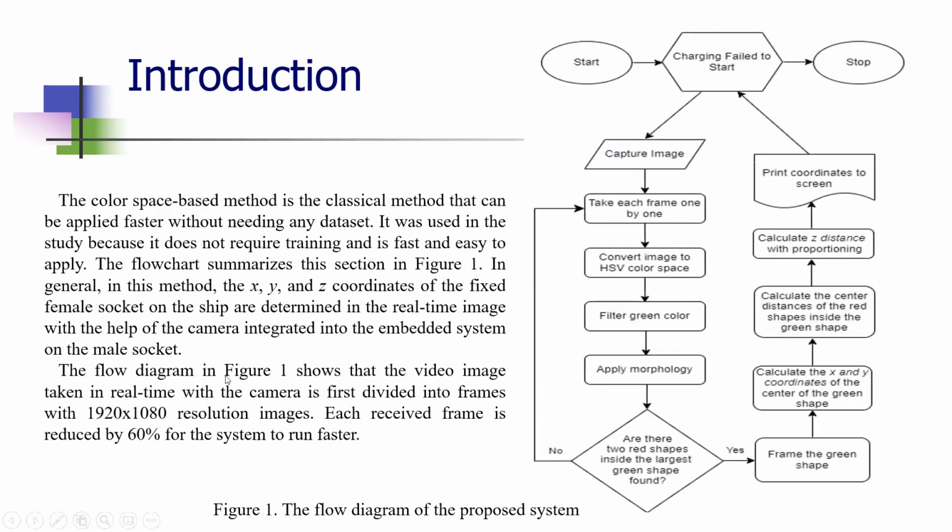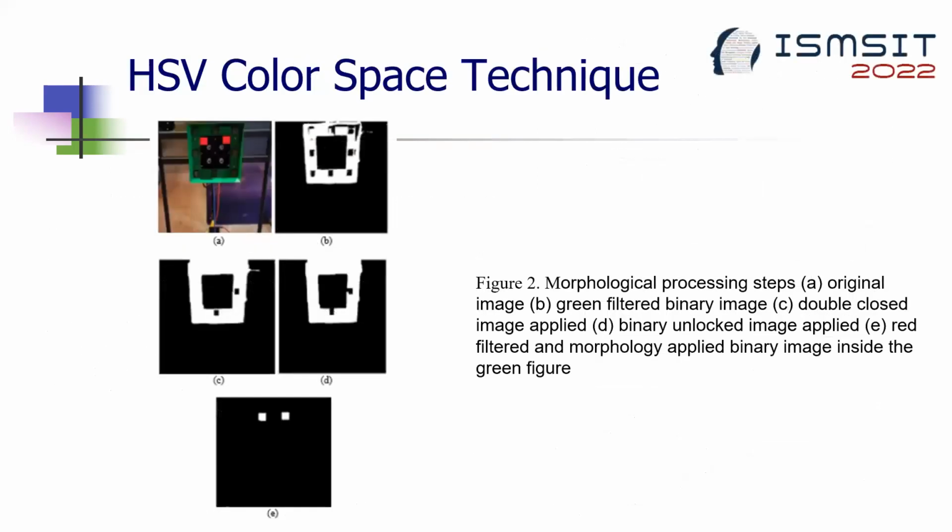The flow diagram in Figure 1 shows that the video image taken in real time with the camera is first divided into frames, classical resolution images. Each received frame is reduced by 16% for the system to run faster. We applied the methods on the videos, and we applied these computer vision operations.